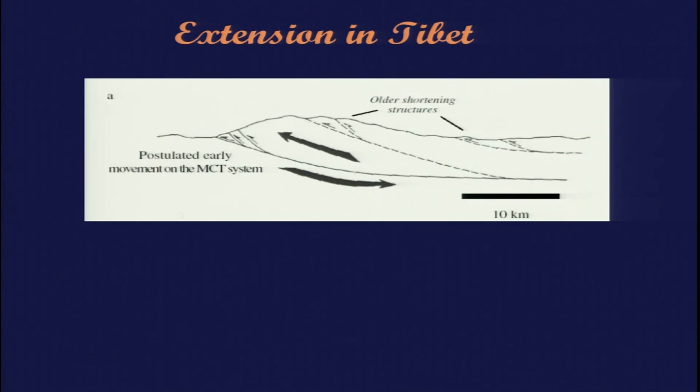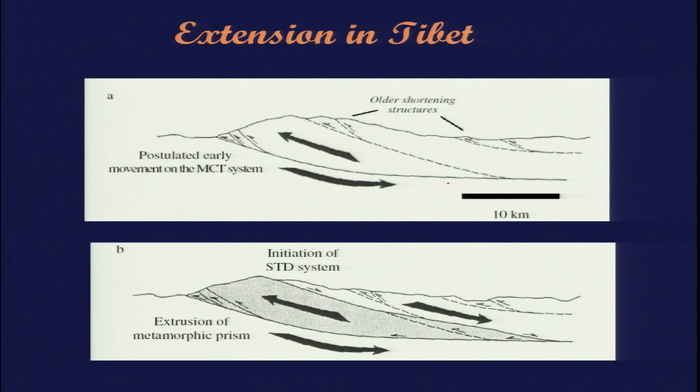Extension in Tibet. What has been considered is that this extension is probably because of the sliding back. So you have the under-thrusting plate here, the boundary, and the overriding plate, and after the deformed material of the overriding plate has achieved enough altitude or elevation, it will slide back, and that is what is happening along your Tibetan faults.